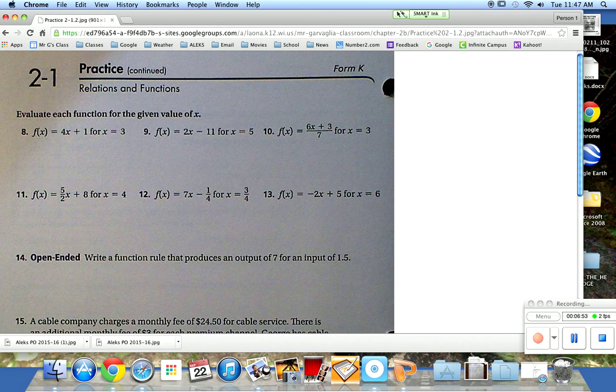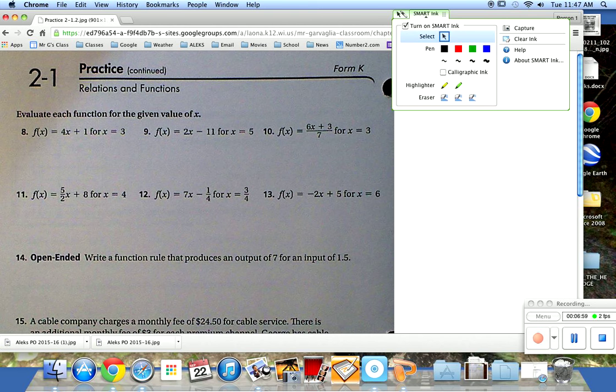All right. So what we do on this is just going to be a practice, and you can do this on your sheet of paper if you like. We're going to take f of x. Now remember, this is a function, right? And we're going to put in 3 for x. This is how we would write this.